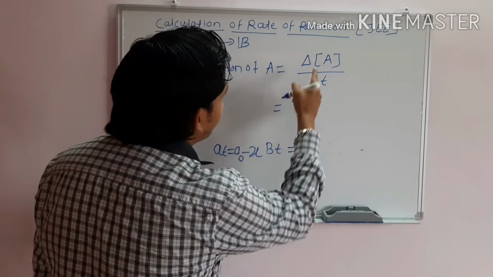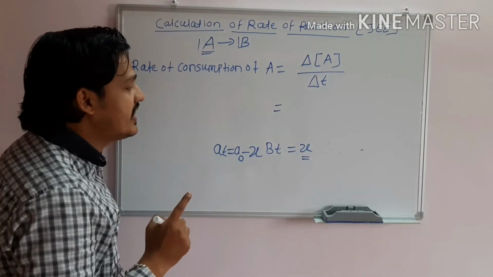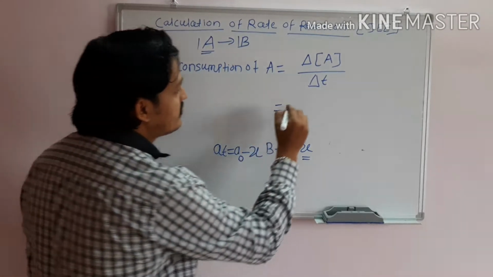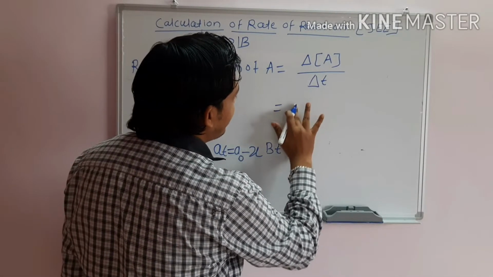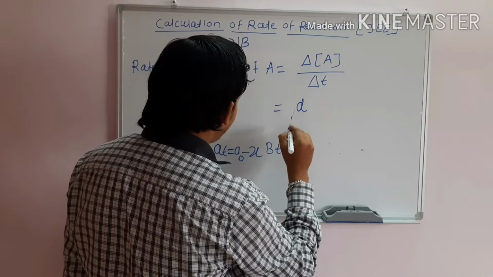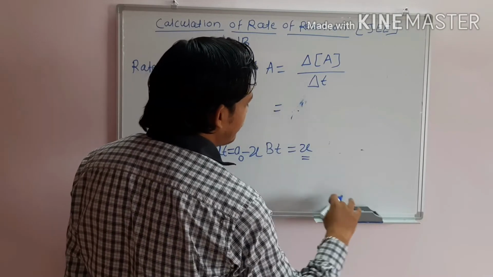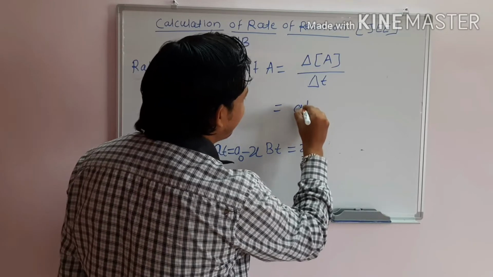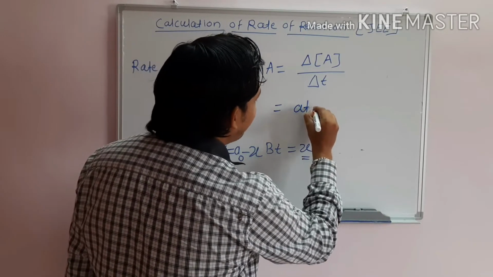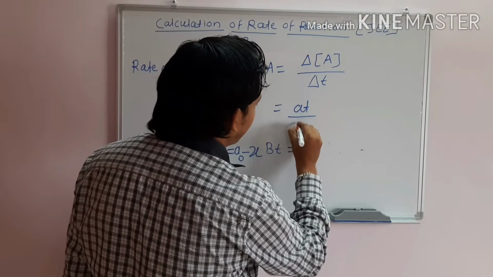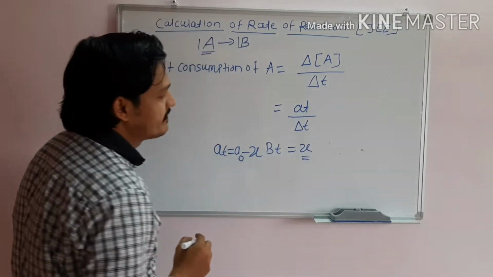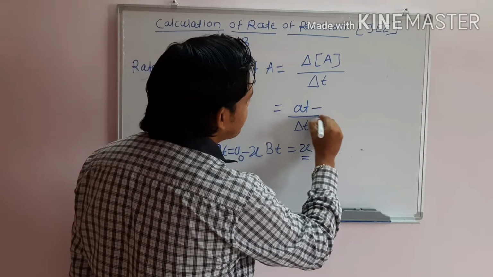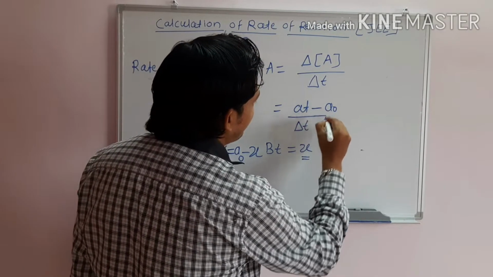So what is the value of delta A? It indicates final minus initial. The final value gives At, not delta T, divided by delta T. At, which is the final value, minus the initial value A0.